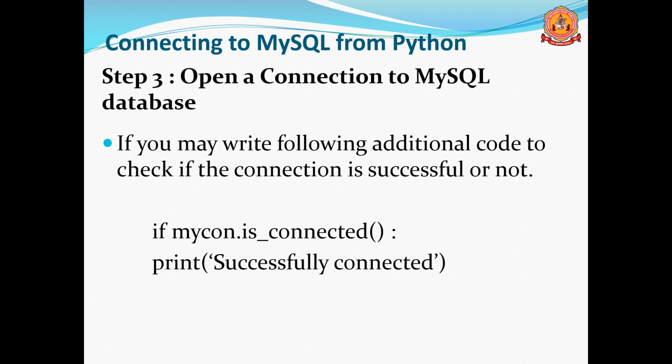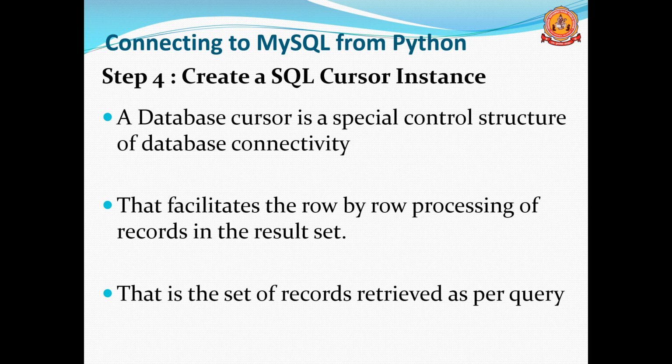Mycon is the object, my connection; by using that we are checking the function is_connected. Then if it is connected, we can print "successfully connected". You can print any statement.